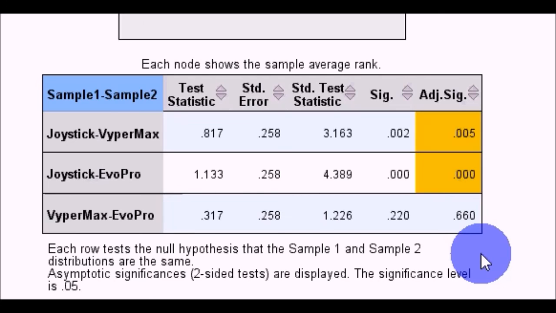So if you wanted to do this, the method to do this is in the Andy Field book, because we haven't reported any effect sizes for these. And generally, you'd want to get into the habit of reporting effect sizes. So if you wanted to do that, then have a look in the non-parametric chapter of Andy Field, and it will go through how you calculate the effect sizes from these standardized statistics.